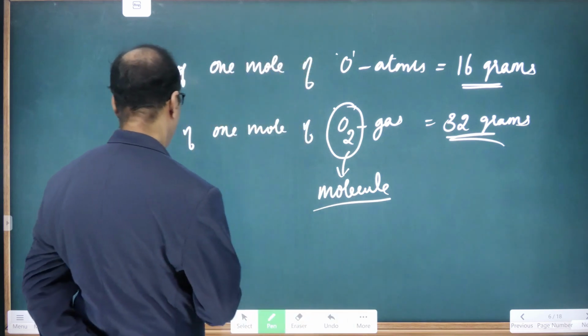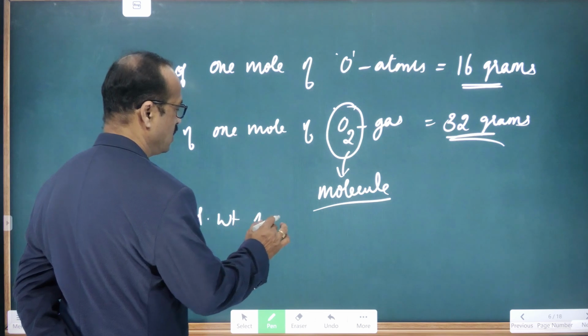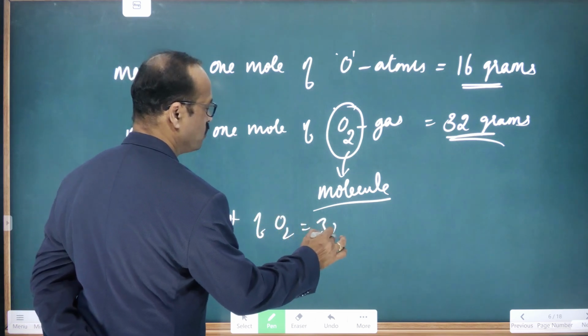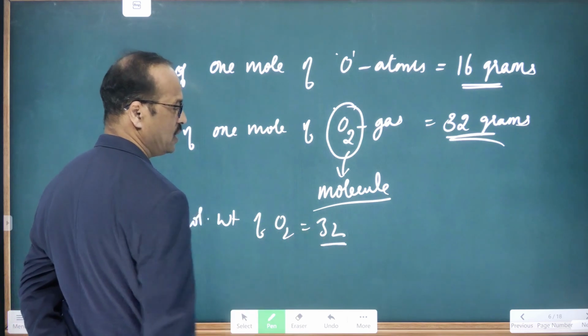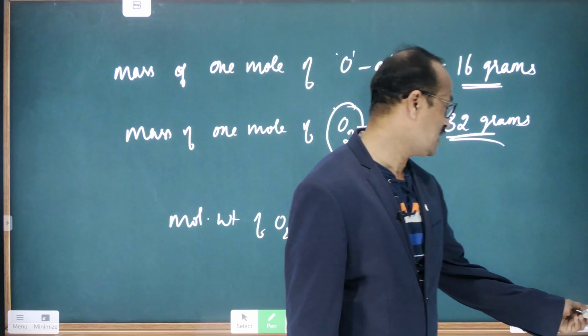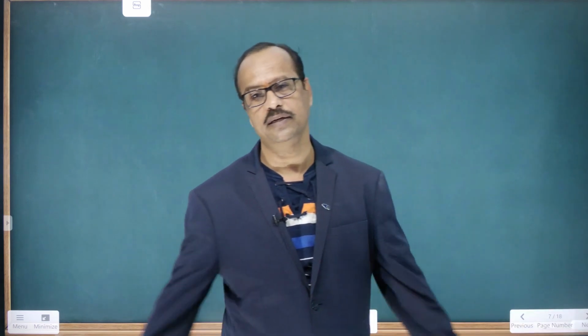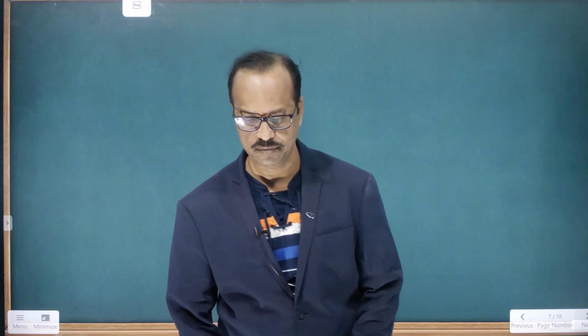If they ask you, what is the molecular weight of oxygen? Then you simply write 32, because each oxygen atomic mass is 16, and 16 times 2 is 32. If they ask you to express in terms of grams, then you write 32 grams. Clear? Any doubt?